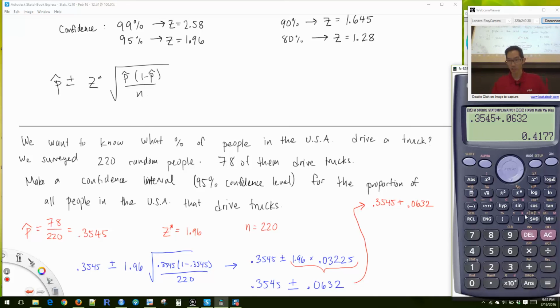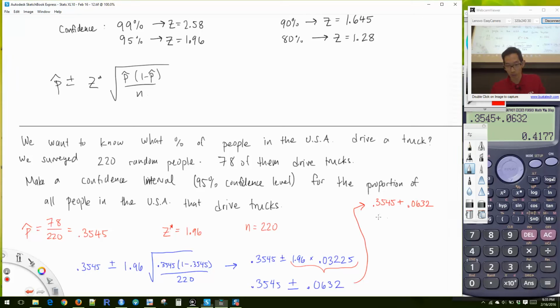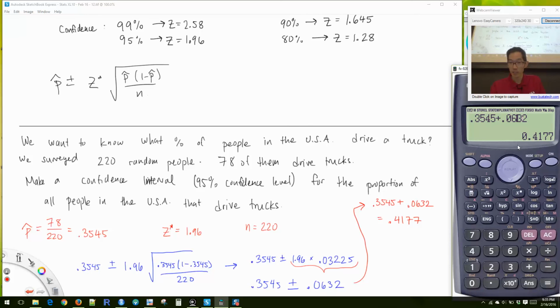Well, if you add 6%, you're going to end up at 41.77%. So this equals 0.4177. And I can just hit the back button and delete to minus. So this is 0.3545 minus 0.0632.